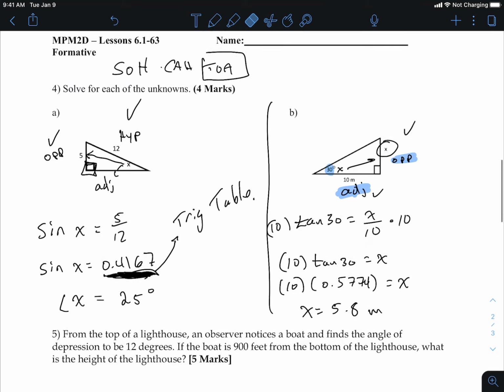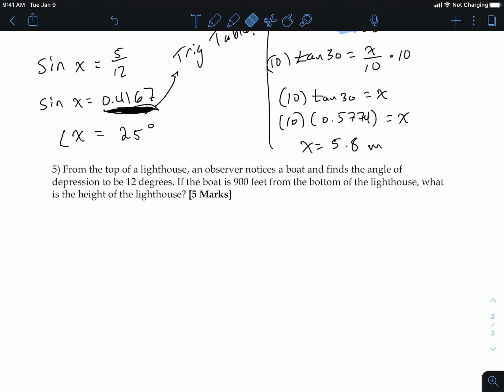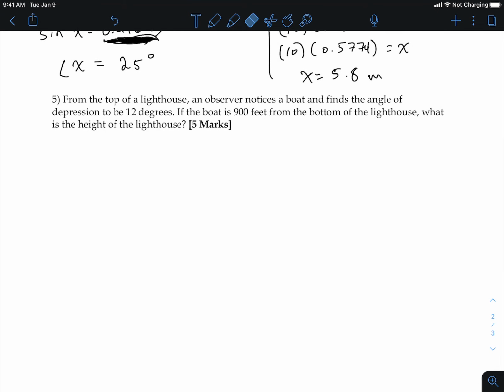Okay? Let's go to the last question. Again, we get to see everybody's ability to draw pictures. That's great. Fabulous. Okay? So, here's your lighthouse. Saw some great lighthouses.